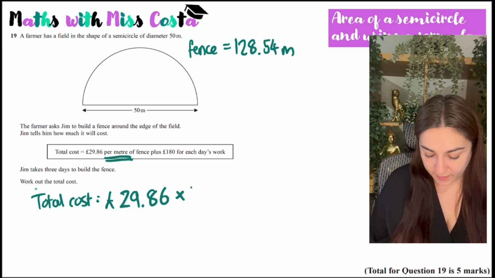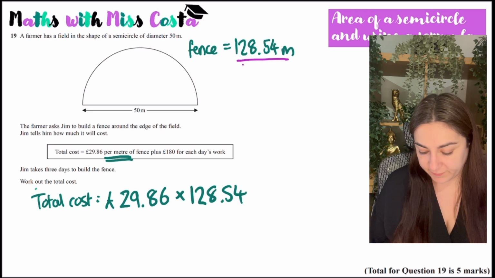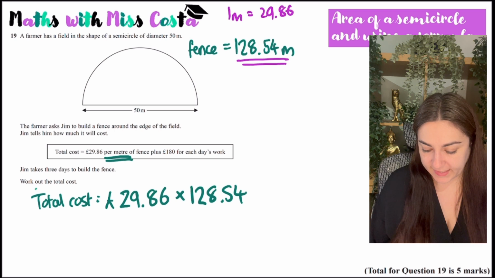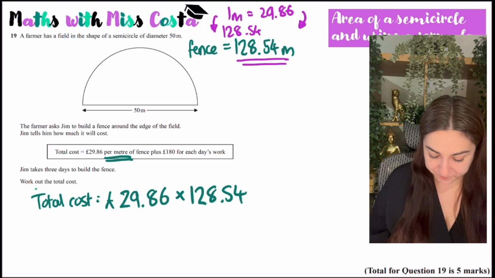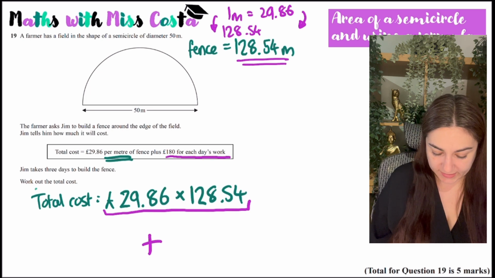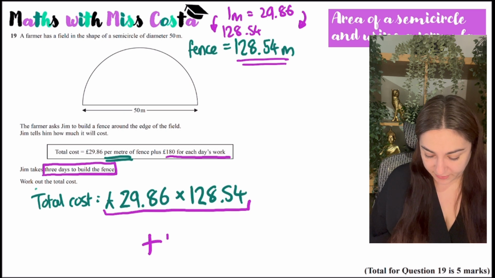So I'm going to times that by 128.54, because for 1 meter it's going to cost £29.86. For 128.54 meters, I'm going to need to times 29.86. So that's going to be the cost of the fence plus £180 for each day's work. And it says Jim takes 3 days to build the fence, so it's going to be 180 times 3.